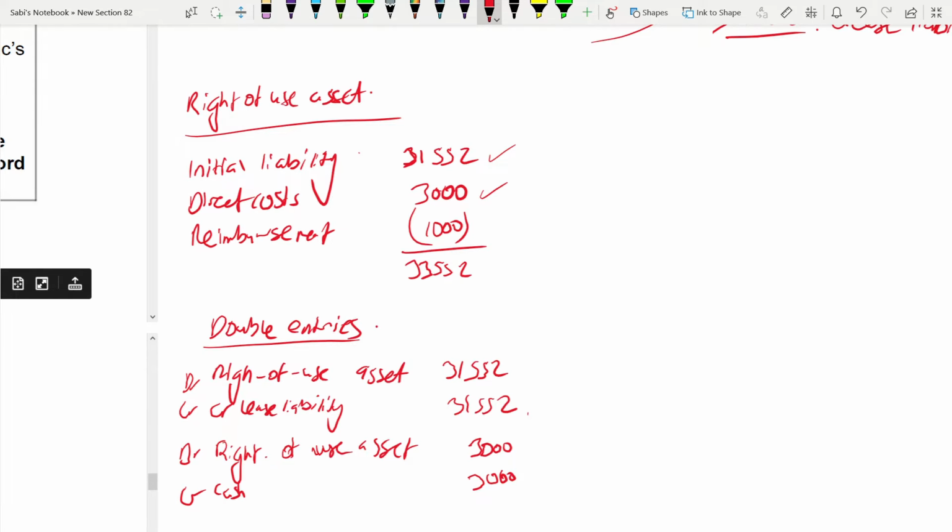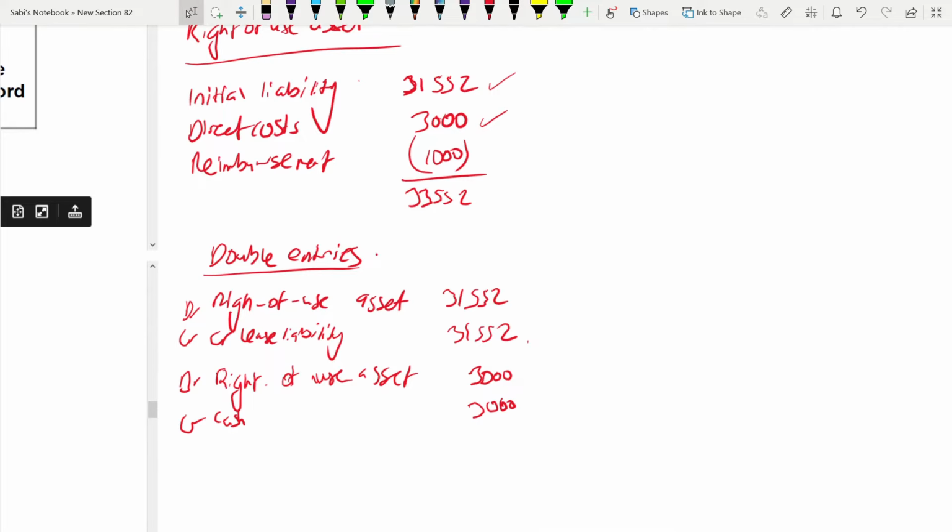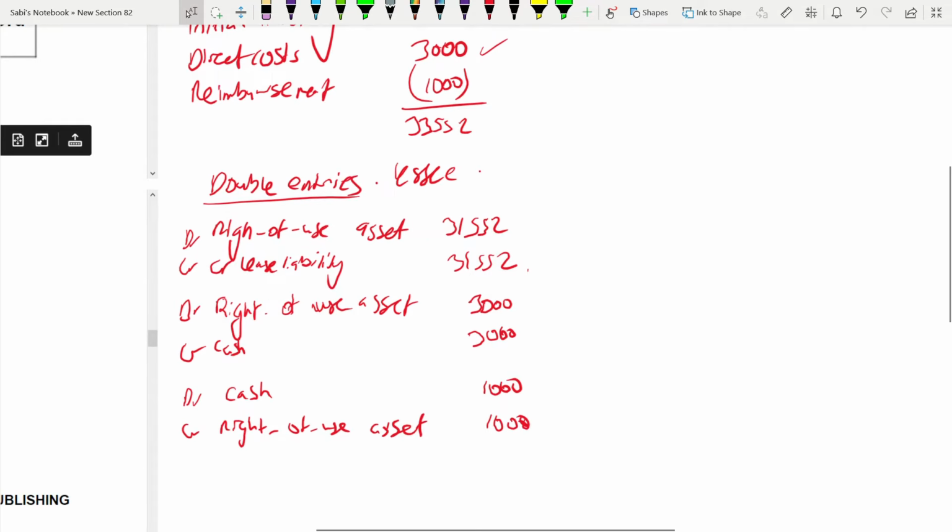Then the reimbursement: that means you have received cash. This is from the lessee's point of view, because it is lessee accounting. The lessee has received cash, so debit cash 1,000, and credit the right of use asset, because they have deducted it from there, 1,000.